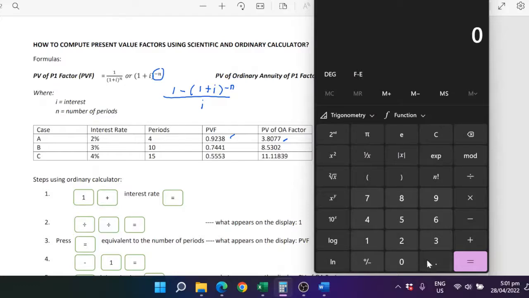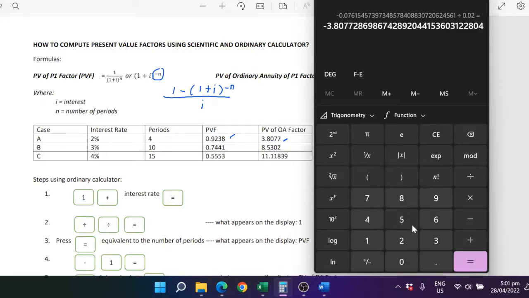Again, instead of adding 1 plus 0.02, you can immediately input 1.02 to the power of negative 4, equals 0.9238, minus 1, equals, divided by 0.02.